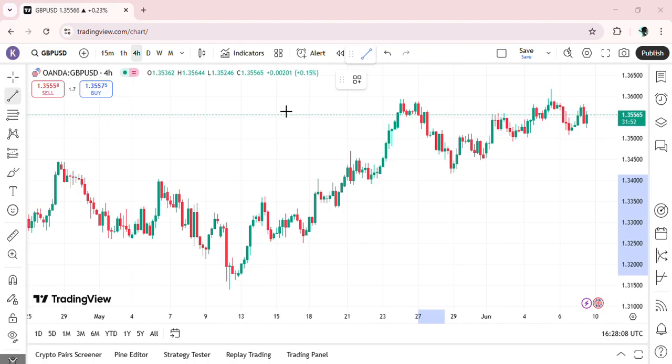So these are now the 3 types of market trends.